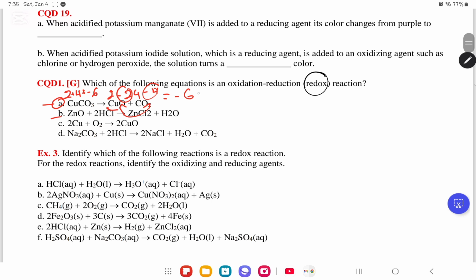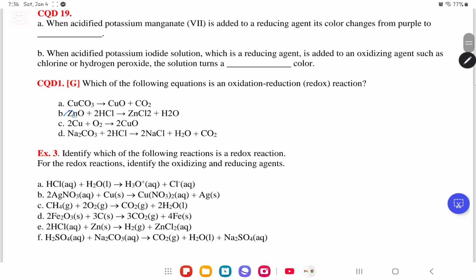So that means it is not a redox reaction, because a redox reaction is a reaction in which oxidation and reduction occur. Now the second way, which in my opinion is easier, is to scan through it and see if there are any single elements.